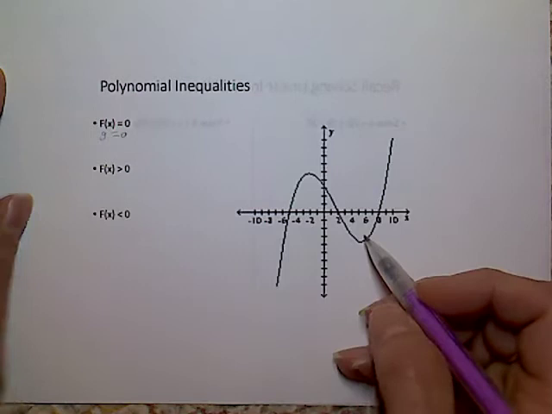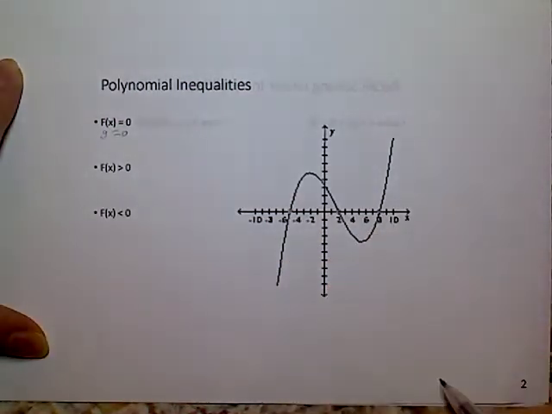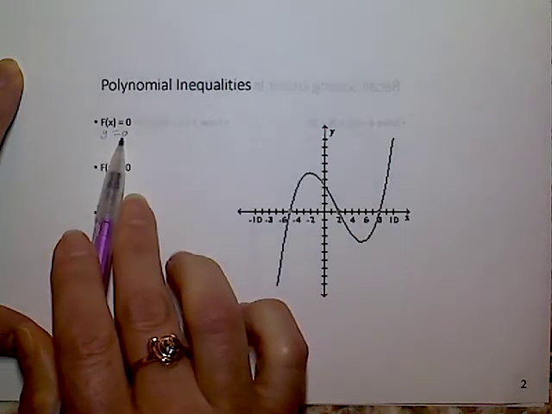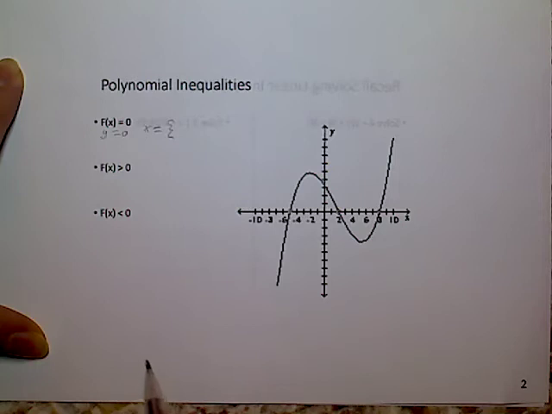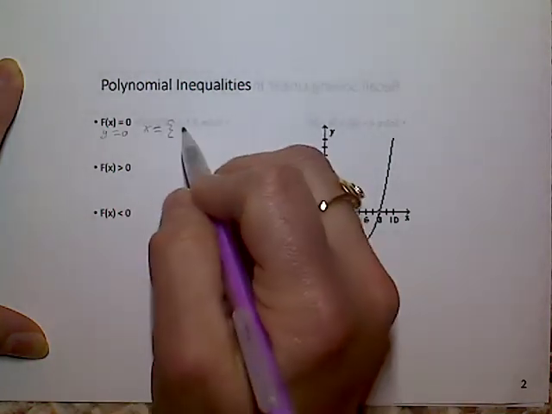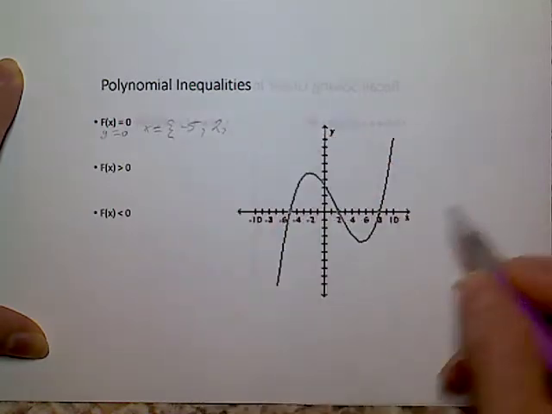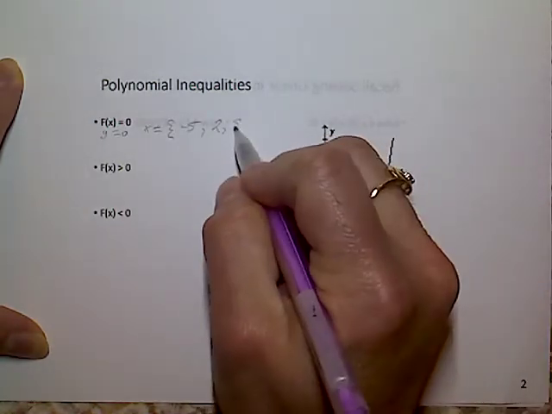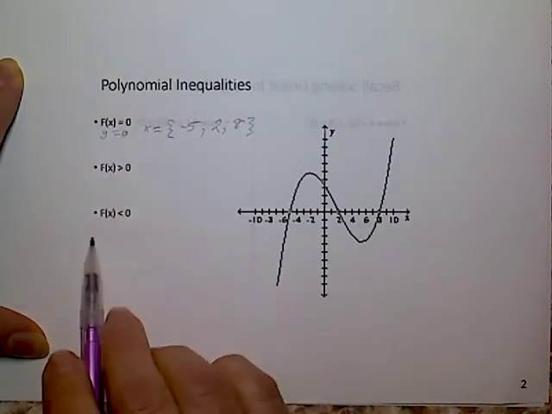Well, y equals 0 on the x-axis. Here's where y equals 0. So when I'm saying where does it equal 0, I'm making a list. And so my list includes -5, +2, and +8.